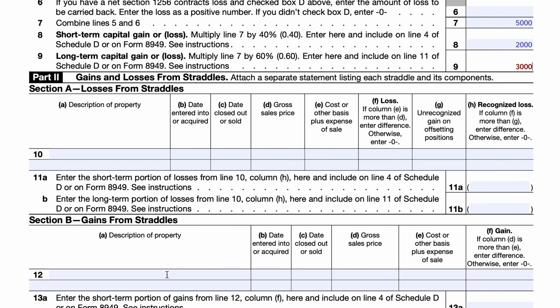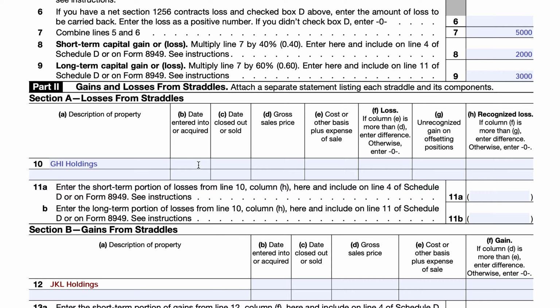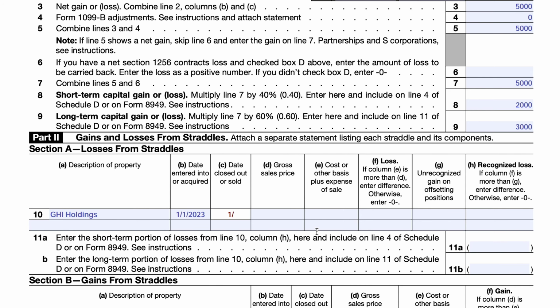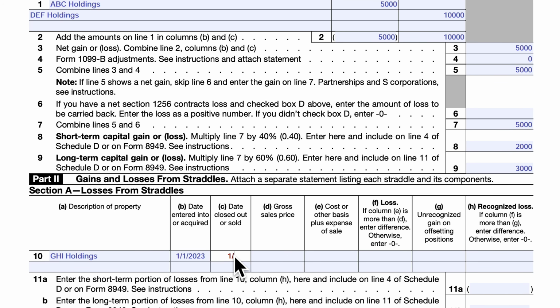So let's just say we have one straddle position with a loss, one with a gain. So if we were on DEF Holdings, now we are on GHI Holdings, and then we'll just say that this is JKL Holdings. So let's say that we entered into this. We're just going to pretend that this 2024 form is actually done for the 2025 tax year.